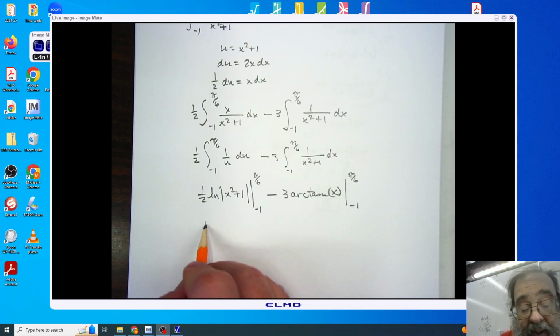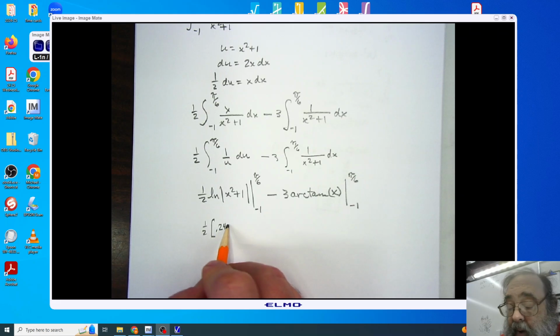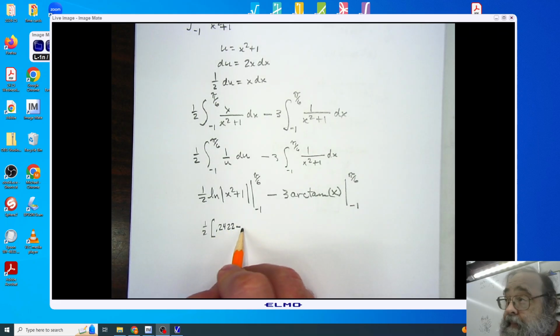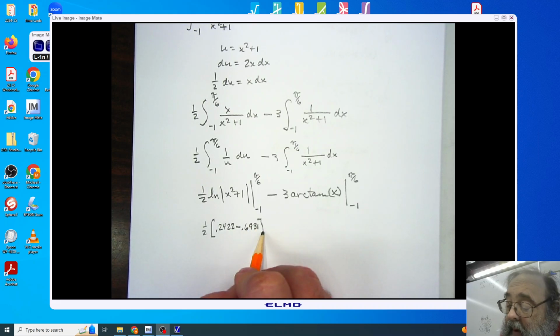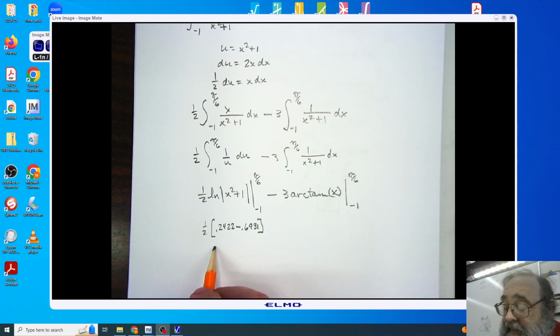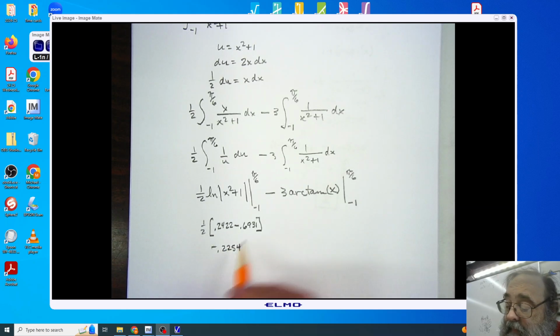So I decided to just use my calculator and find my decimals, plugging in one value at a time to find my answer. I ended up getting 1/2 of this result, and that turned out to be negative 0.2254.